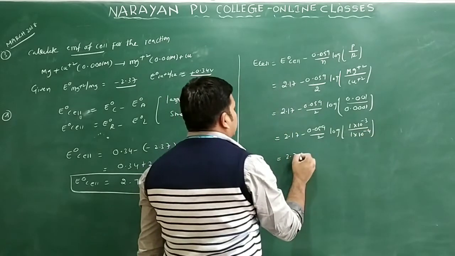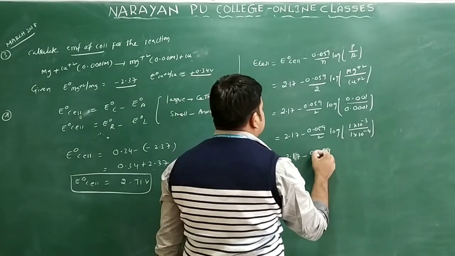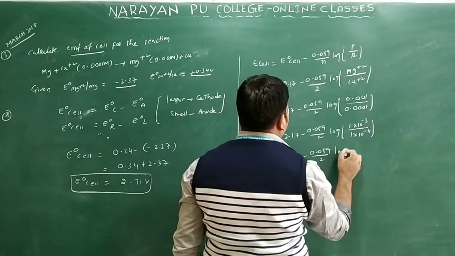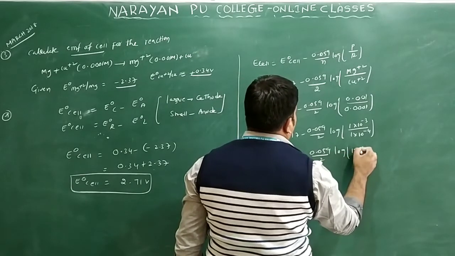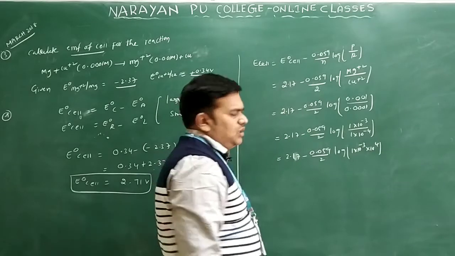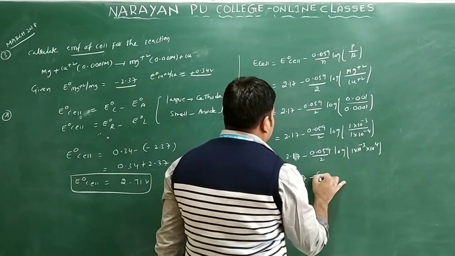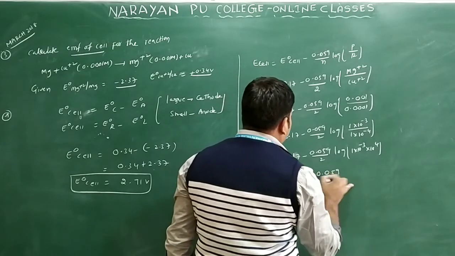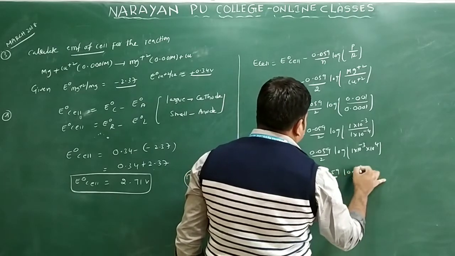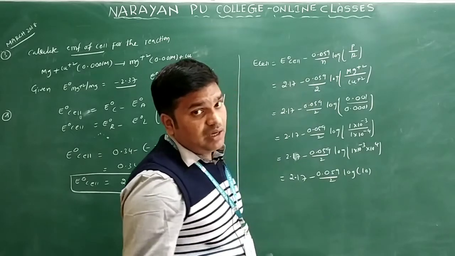You will get 2.71 minus 0.059 by 2 into 1 into 10 power minus 3 by 10 power minus 4, which becomes 10. Then you will get log 10. Log 10 value is 1 only.